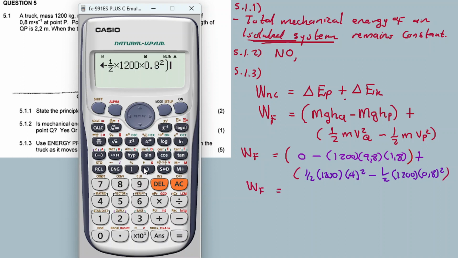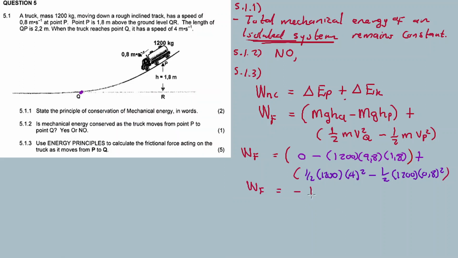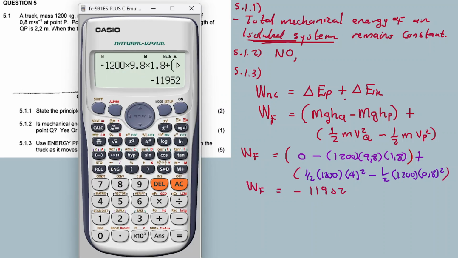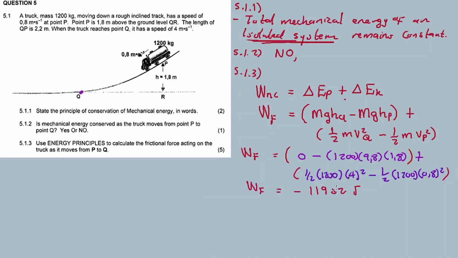Bracket. Our answer is negative 119.52 joules. So this is the work done by a frictional force.